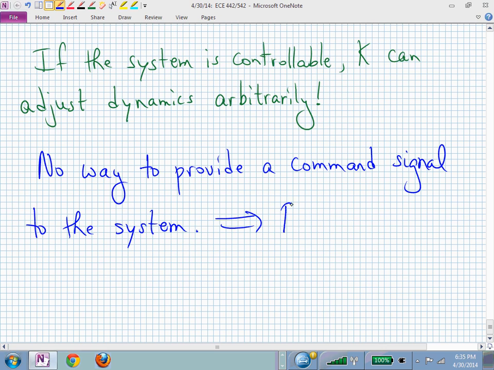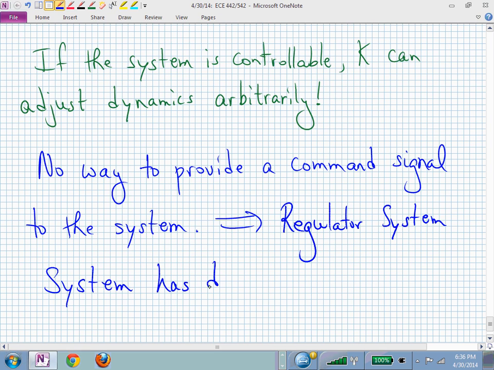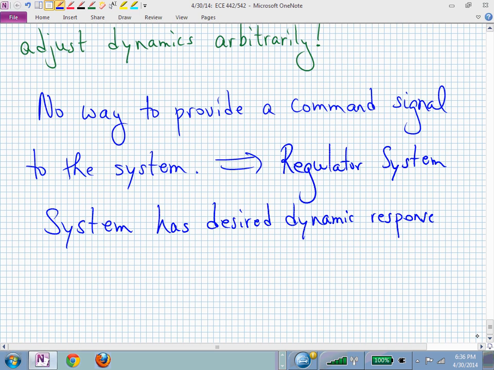So this is a regulator system. We do have, though, the desired dynamic response to initial conditions.